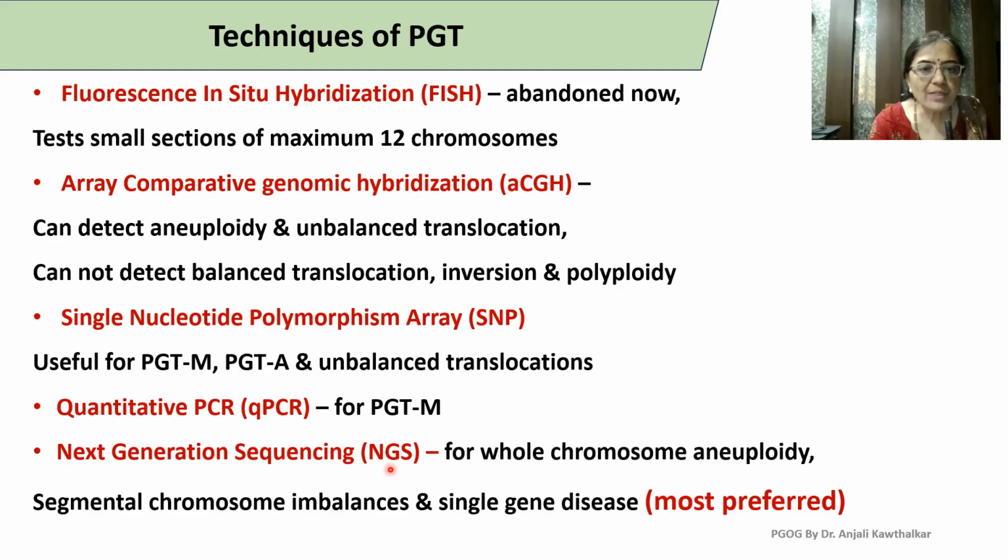Next generation sequencing is the most preferred technique at present because it can detect whole chromosome aneuploidy, segmental chromosome imbalances, as well as single gene diseases. So the students should remember the names of these various techniques and remember that FISH is being replaced gradually, wherever facilities are available, by the better techniques.